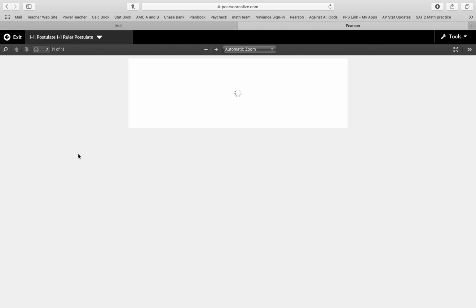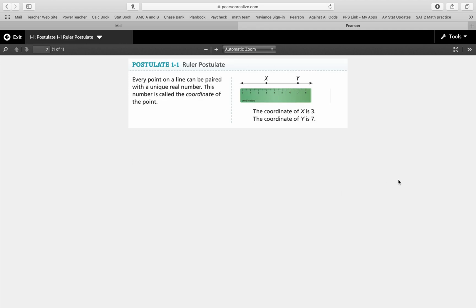Okay. So a postulate is assumed to be right, assumed to be correct. It's things that you can intuitively, everyone should know. So in this case, this first postulate we're talking about is called the ruler postulate. The ruler postulate just says that every point on a line can be paired with a unique real number. Okay, it's the coordinate.